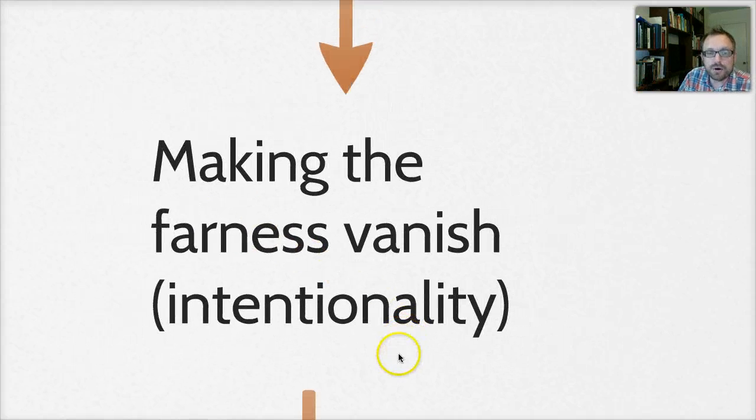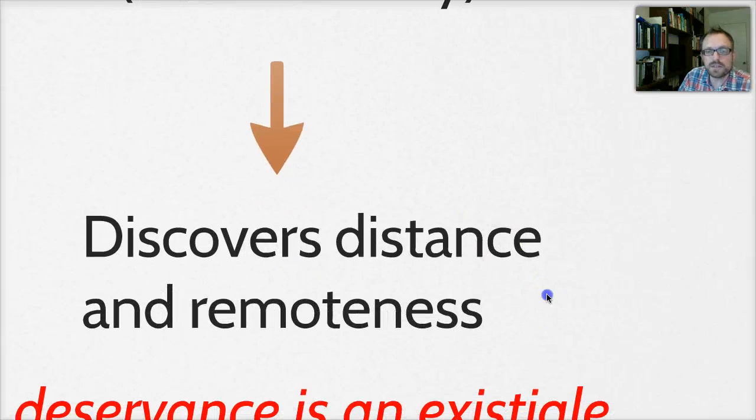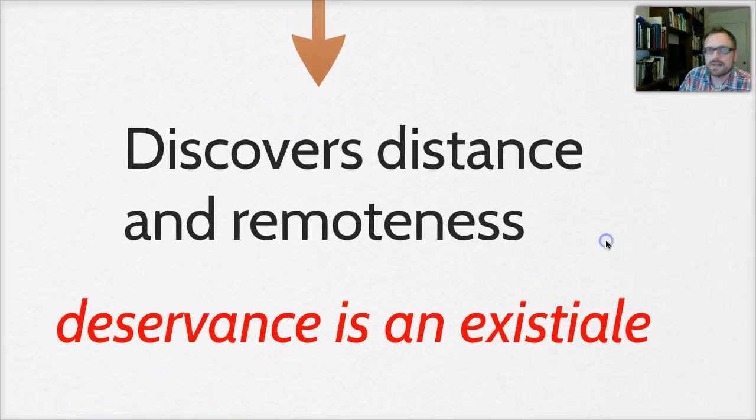And that is a mode of disseverance. So when we talk about Dasein's being in the world, Dasein's being in the world exists in terms of its disseverant quality, right? And this enables us to discover the notions of distance and remoteness. So I recognize that things are distant from me or remote from me insofar as I can dissever things.